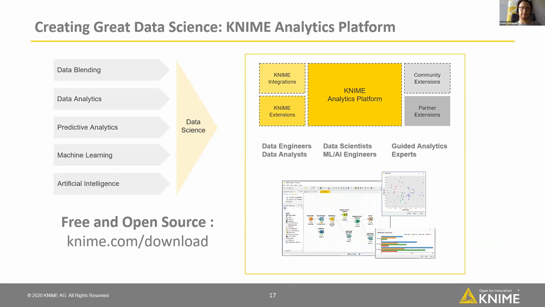So it's all free and open source. You can go at that link to download it, and there are a number of extensions that you install with KNIME. All the extensions that we provide are free and open source, and then there are also the community ones and the partner ones that are coming from third parties that also provide their extensions. So everything in a single tool.